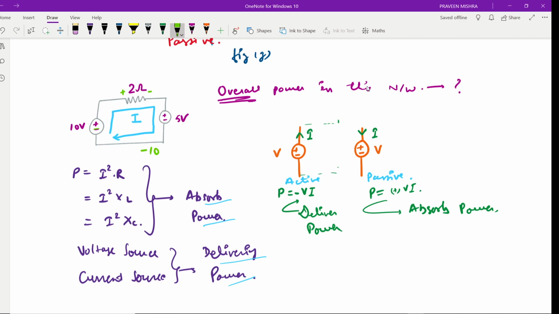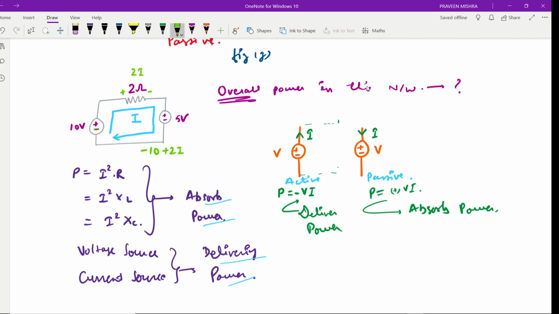That's why we are considering the voltage across this will be 2I, I into R. So it is plus 2I, because here we have seen the first positive, negative terminal is there. That's why we have taken minus 10, and here the positive sign is there, that's why we are taking it as plus 2I.